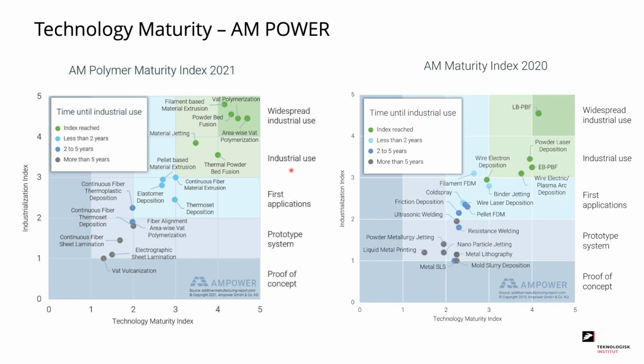If we have a look at the metal AM maturity index, we can see that the SLM technology has industrial widespread use. The LENS technology, EBM technology, and WAM technology have industrial use, and finally both EBAM and binder jetting are in the category first applications.